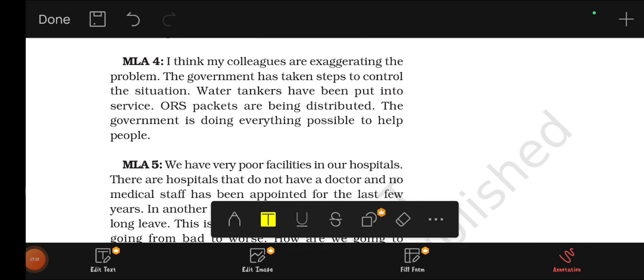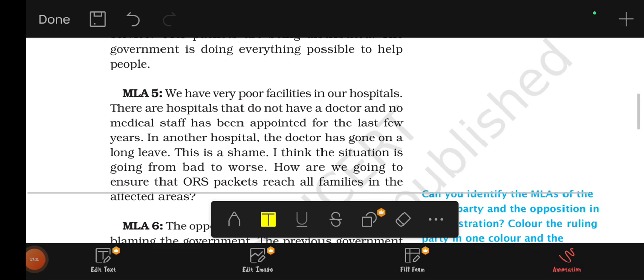Then MLA 4 asks: I think my colleagues are exaggerating the problem. The government has taken steps to control the situation. Water tankers have been put in service. ORS packets are being distributed. The government is doing everything possible to help the people.